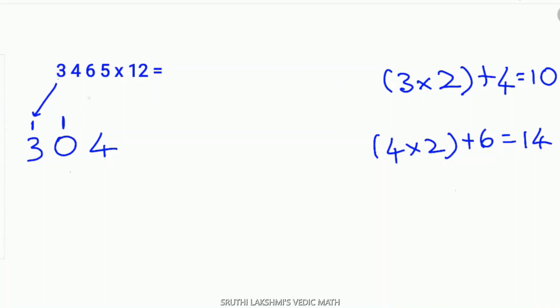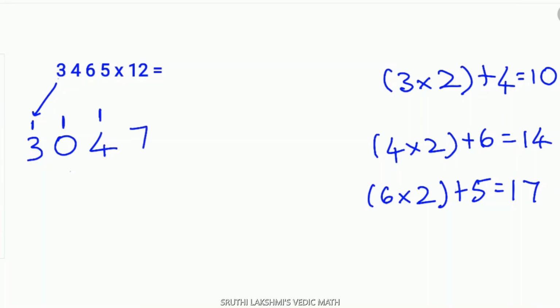Next, multiply the 6 with 2 and add it with the next digit 5. So 6 times 2 plus 5. 6 times 2 is 12, and 12 plus 5 is 17. So carry the 1 and write down the 7.